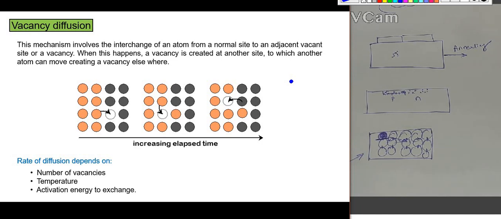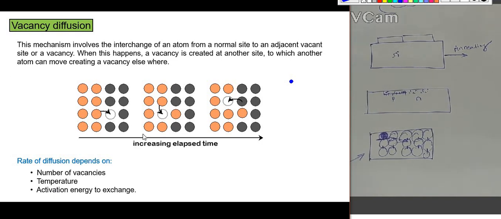Such type of diffusion is called vacancy diffusion, but its rate is very low, and a complete diffusion may take years and years. The rate depends upon the number of vacancies. If the number of vacancy imperfections in the solid is very high, the rate of diffusion also increases, and it depends upon temperature.